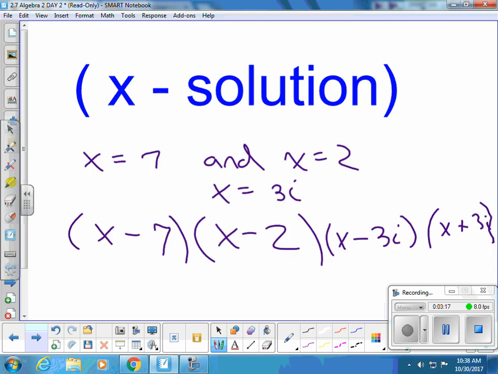Because the conjugate just says if you have an imaginary solution, the conjugate is also a solution. So you're kind of on your own to remember to include this one. So what about if it's x minus 2, would it be x plus 2? Nope, because that's a real number. You only do the conjugate theorem for radicals, which are irrational numbers, and imaginary numbers. So you don't need to do the conjugate theorem on the real numbers.